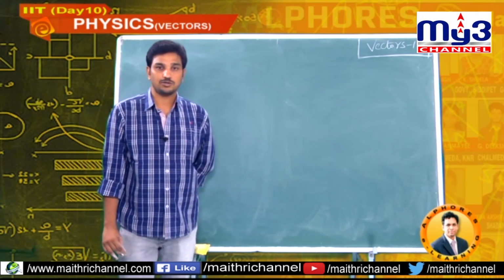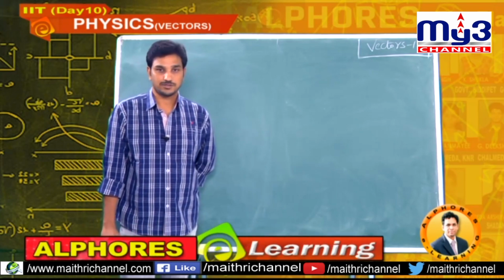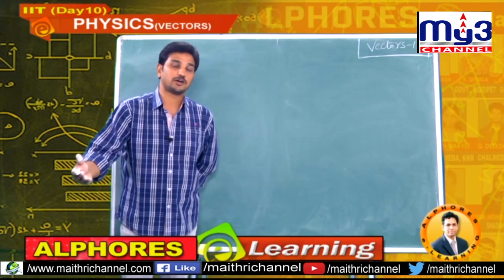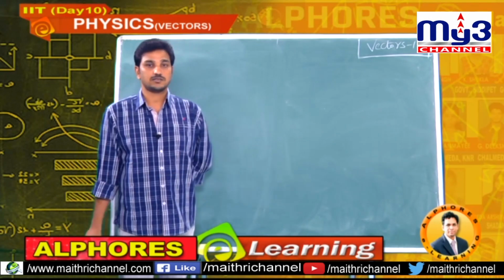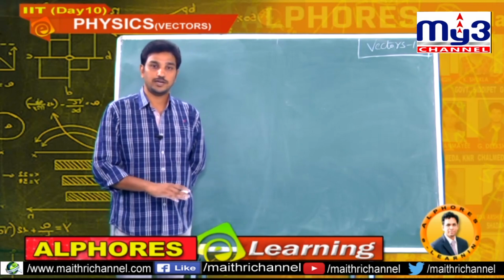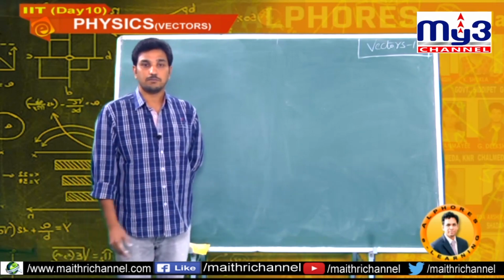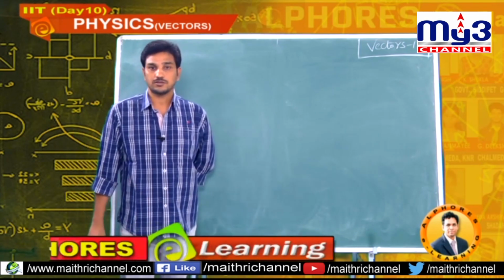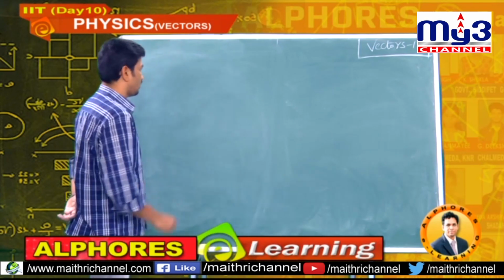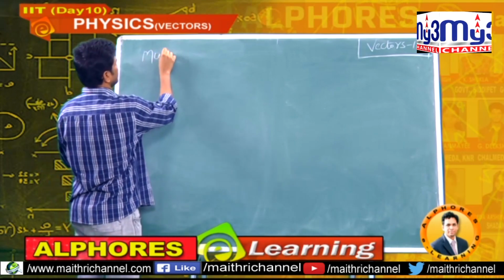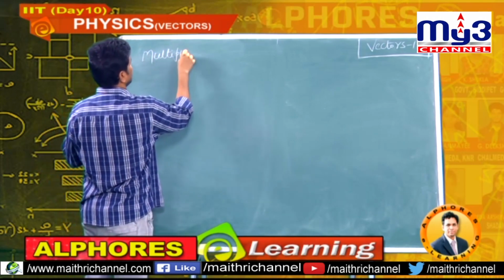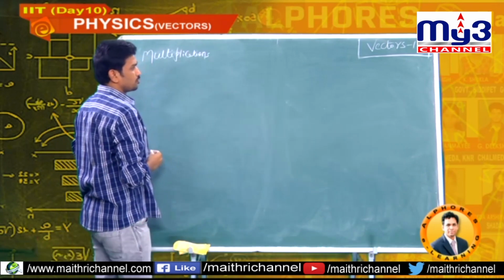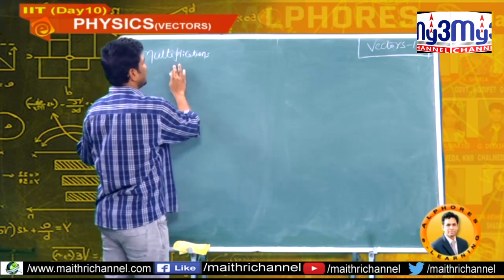See, in mathematics you know how to do addition and subtraction. That's one operation. Similarly, multiplication and division is another operation. Here also in vectors, we are understanding how to do addition and subtraction by using three laws. Now we are going to do the next operations, that is multiplication of vectors. All these operations we will apply to solve the next concepts of physics.